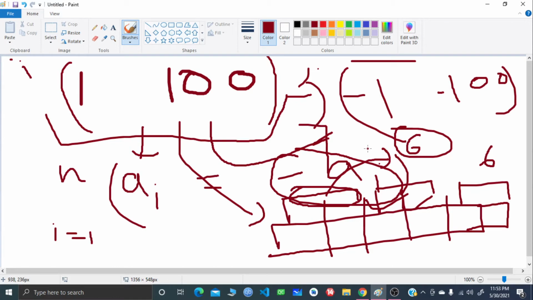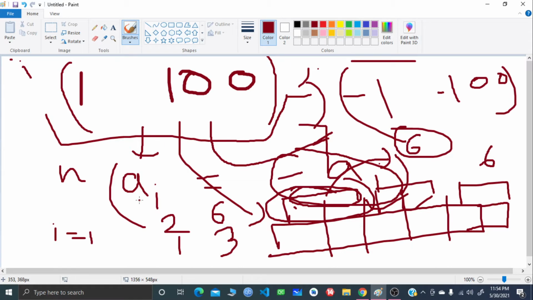Now will that fulfill my constraint? Because my constraint says that I can only apply up to 5,000 operations in total. For 2 indices I'm making 6 operations, so for 1 index I'm making 3 operations.